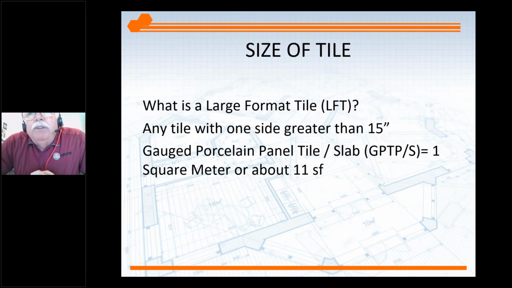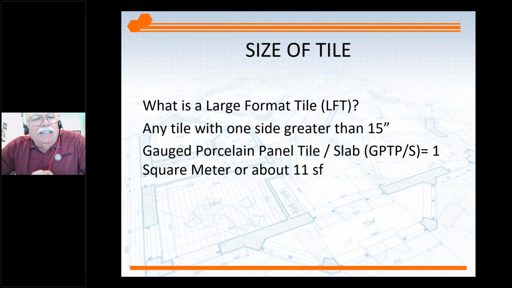And as you've probably noticed, tile is getting much larger these days. When I was installing tile, 12 by 12 was good size tile. You got some big size tile, some really large stuff. We were going 16 by 16. I may have even done an 18 by 18. And today they have these 5-foot by 10-foot panels. It's just crazy.